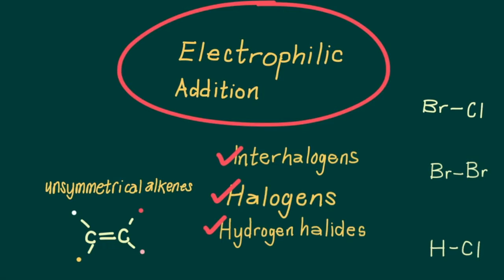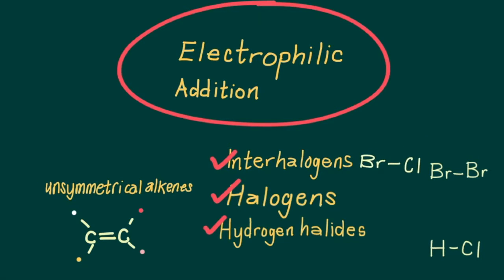And we will look at how these unsymmetrical alkenes react with interhalogens, like BrCl, halogens, like Br2, and hydrogen halides, like HCl.